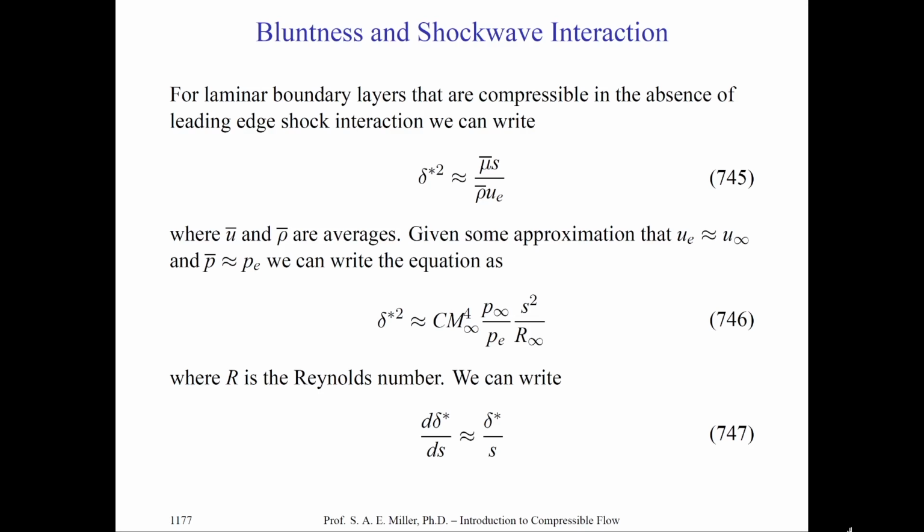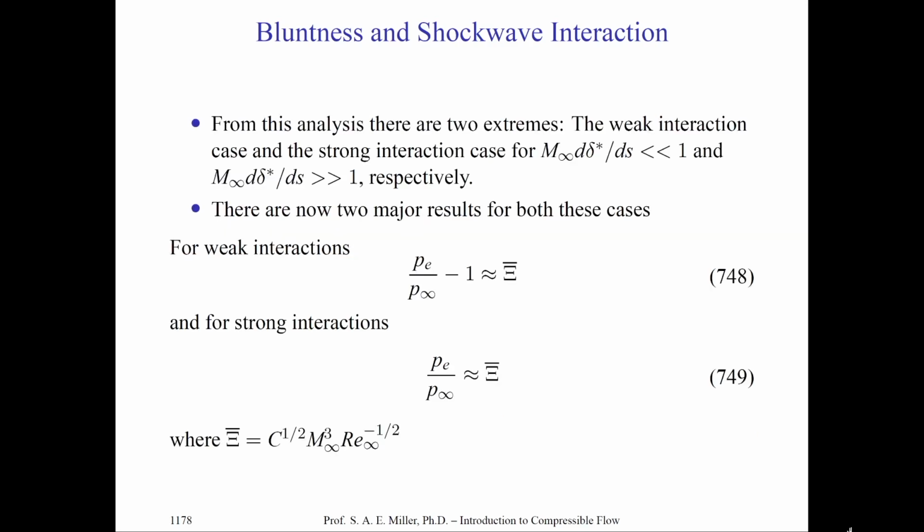We can then write d delta star ds, that's the growth of the displacement thickness along s, which is the distance from the leading edge on the boundary layer edge, will go as delta star over s approximately. Now, from this analysis, there'll be two particular extremes: the weak interaction case and the strong interaction case for M infinity d delta star ds, which would be much less than 1, and the opposite case, which would be much larger than 1.